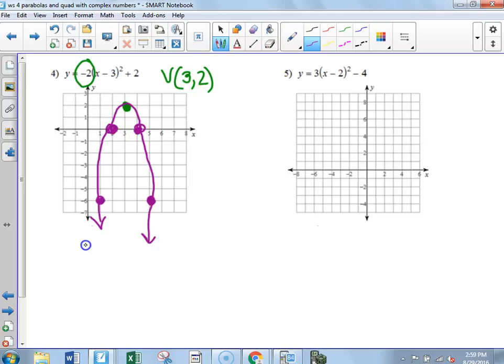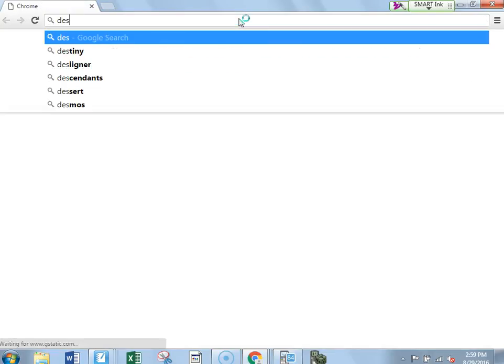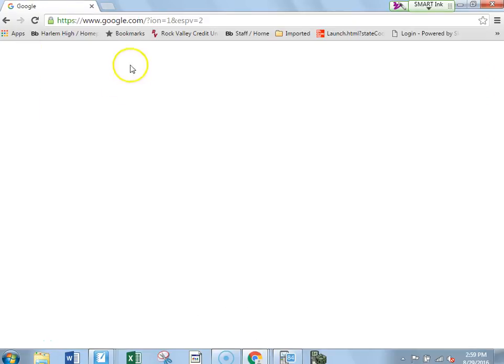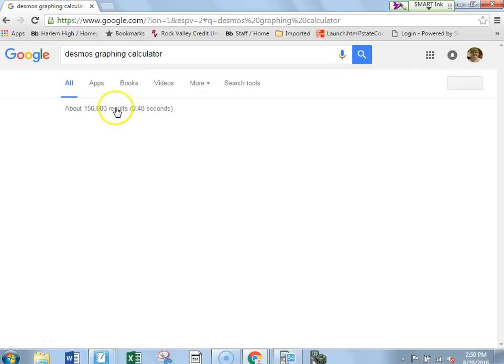Did I ever show you guys Desmos calculator? Anybody used that one before? Desmos is really nice, because you don't have to get things in y = form. This one is already in y = form, but you just type exactly.